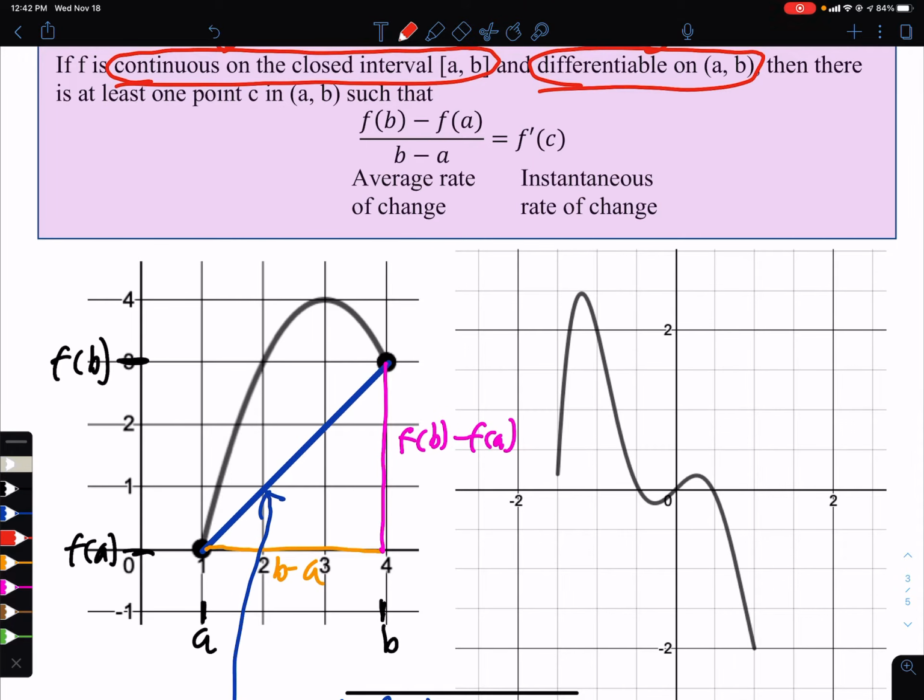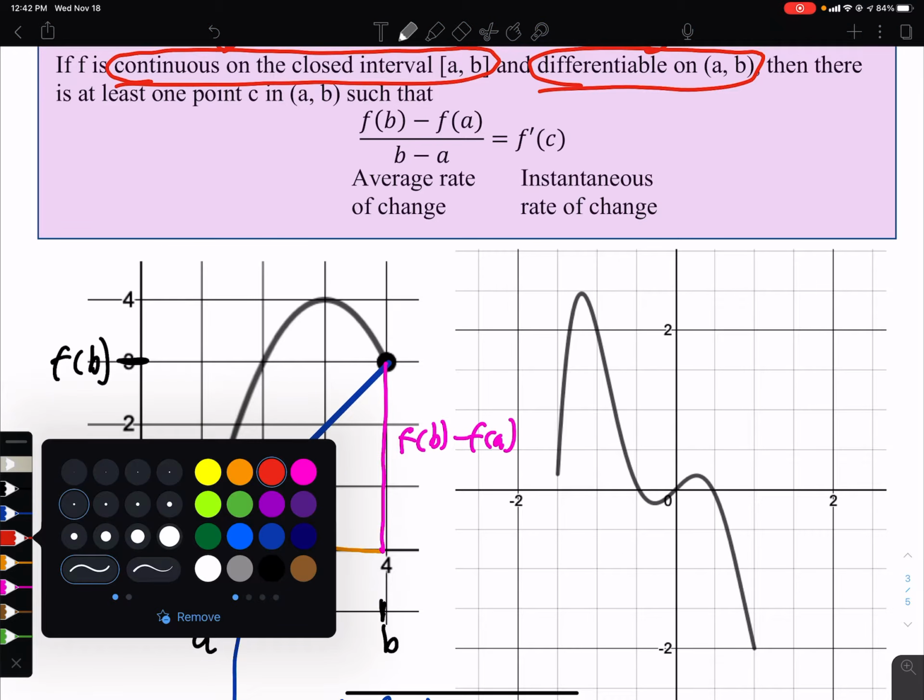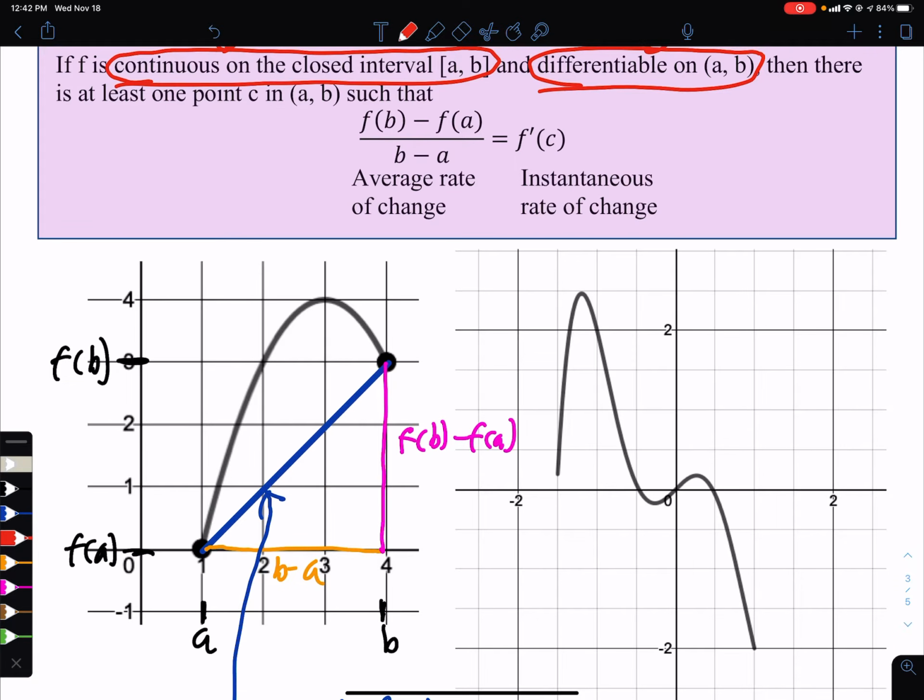So I'm just gonna draw a parallel line to that and show you what's happening. There's a parallel line. So what it's saying is that there's gonna be a place where the derivative is equal to the slope of that line, but the derivative is the slope of the tangent line. Look, right there. There's my point. I found it.